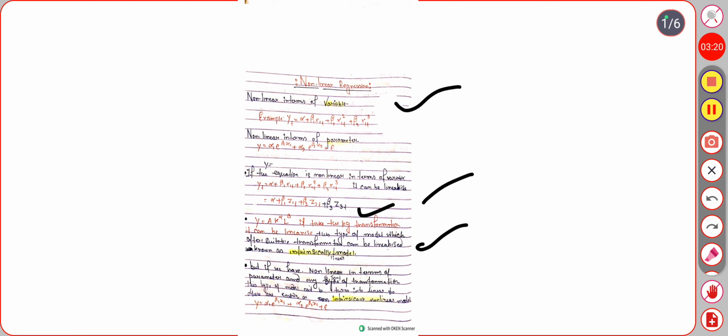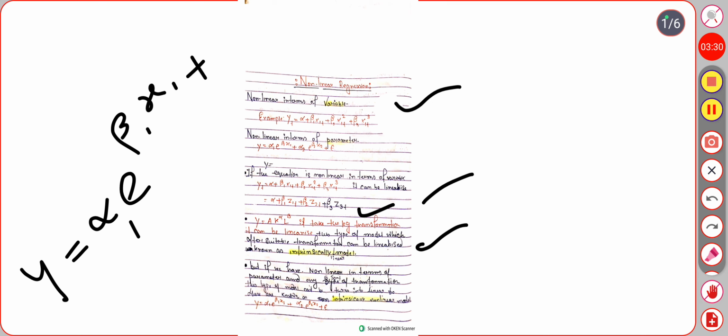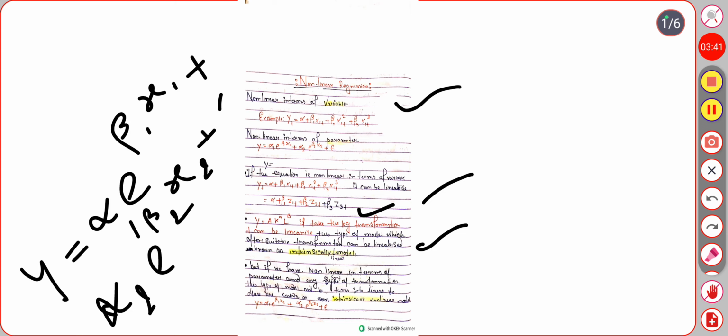That is, this is a nonlinear model. So when it is nonlinear in terms of parameter and this transformation cannot make it linear, this is known as an intrinsically nonlinear model.